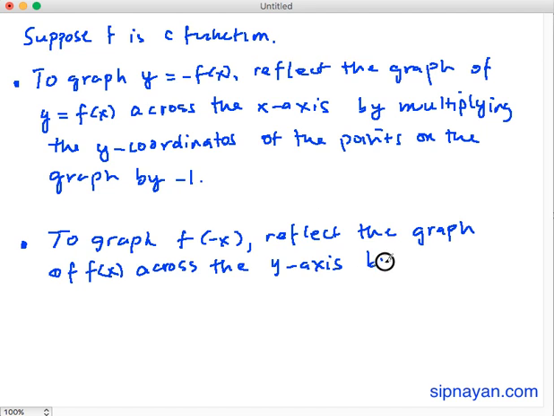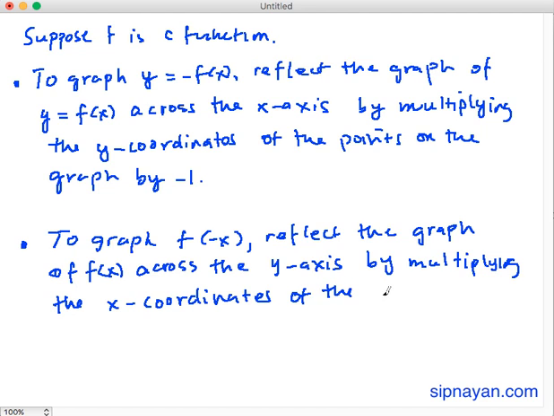By multiplying the x coordinates of the points on the graph by negative 1.